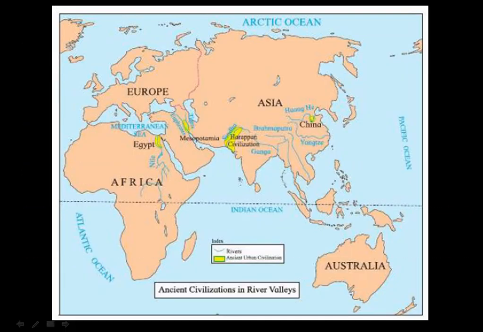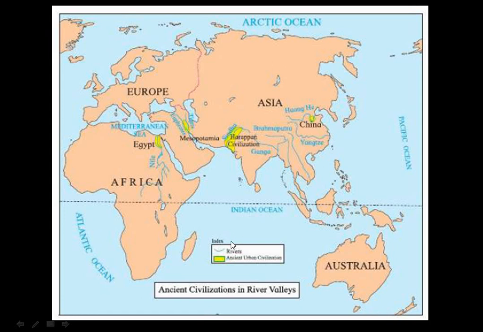They are, as you can see in the map, Mesopotamia, Egypt, the Indian subcontinent and China. The civilizations in these 4 regions developed in river valleys. Hence, they are known as riverine civilizations.